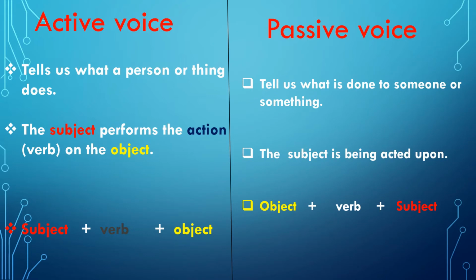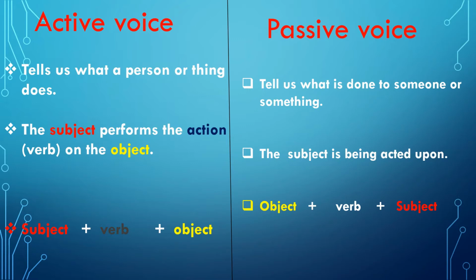Active voice and passive voice, there are some rules. Active voice tells us what a person or a thing does. The subject performs the action on the object. The sentence structure is subject, verb, object.